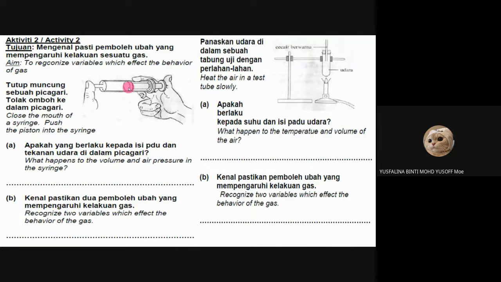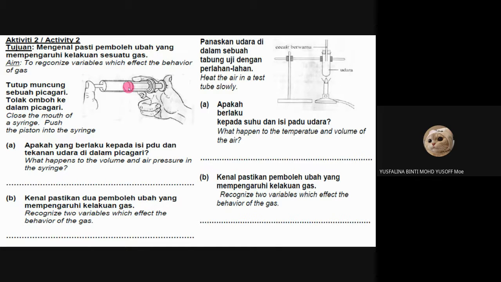Why? Because the space now becomes smaller. So when the space becomes smaller, the molecules cannot move freely. So they will hit the wall of the container more frequently. So the rate of collision between the air molecules and the wall of the container will increase.